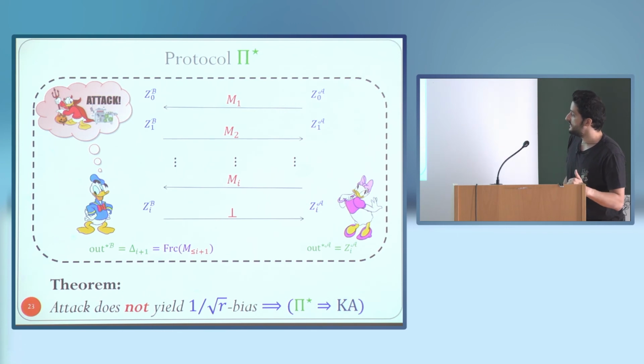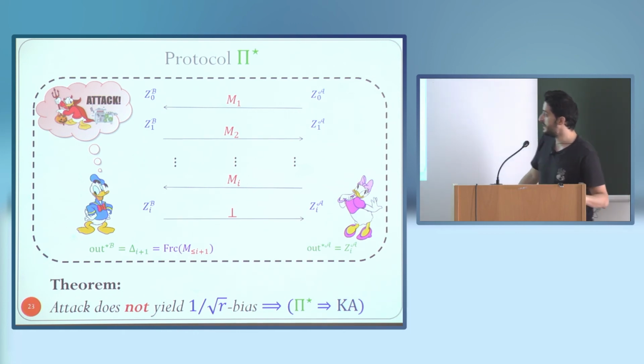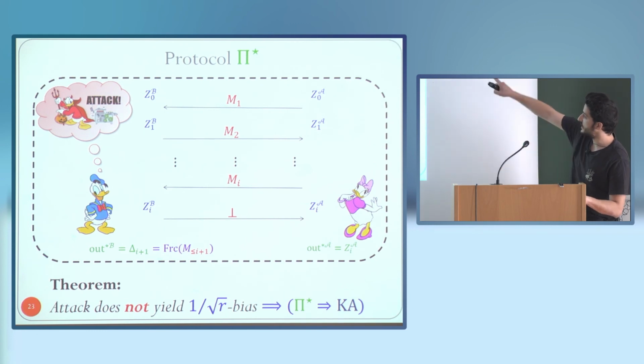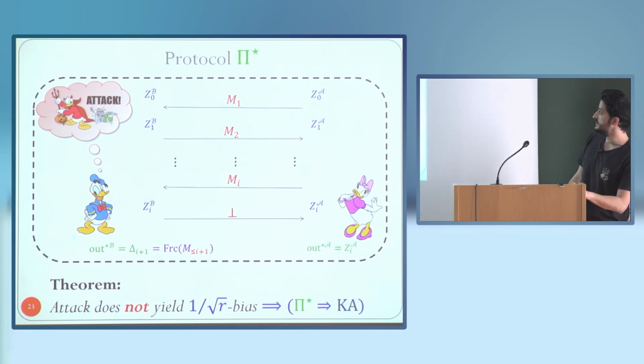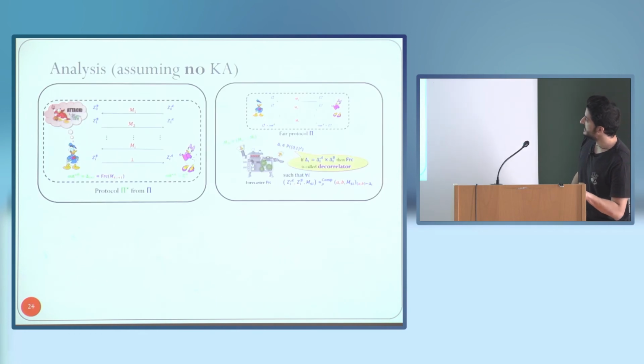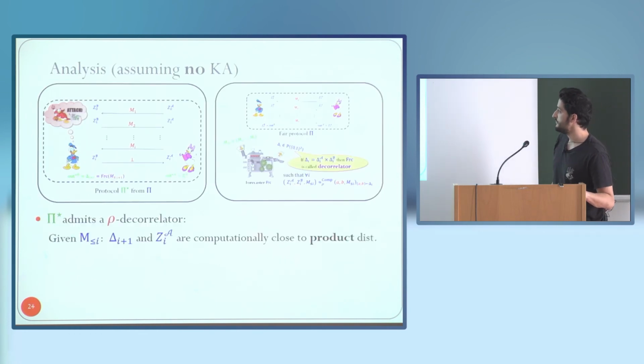We show that if the attack that Donald is thinking about in his head doesn't give you the 1 over square root of r bias, then pi star can be transformed into a key agreement by applying the dichotomy theorem of Ronen and friends. Let's look at the analysis very quickly.